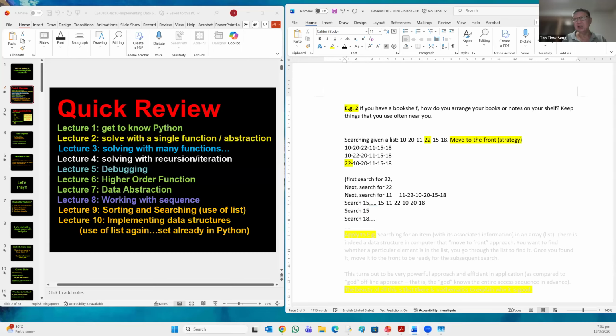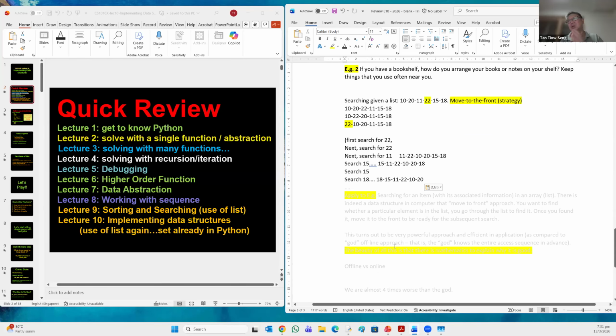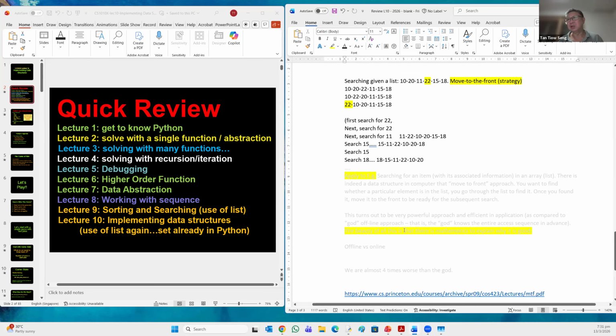If you search for 18, now it becomes 18, and then the rest. 18 goes to the front, and the rest go to the back. Now I claim that actually you are doing very well in this case. This can be proven. The proof is in here. It takes a while to understand this.